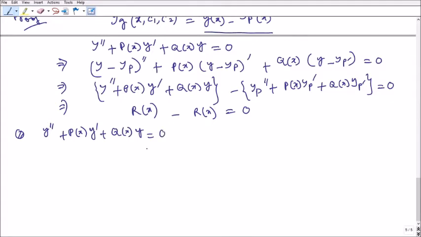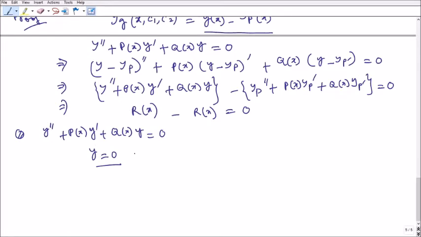You see that in this homogeneous differential equation, if you take y equal to 0, then the differential equation is also satisfied, because if y equals 0, this term is 0, this term is also 0, and y double dash is also 0. So for y equal to 0, the homogeneous differential equation is satisfied.